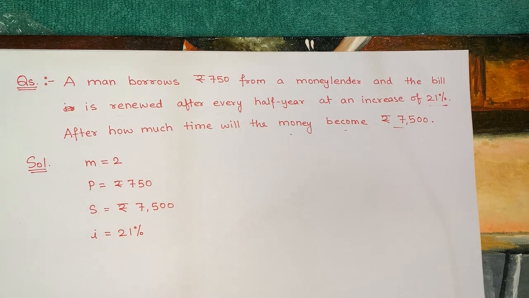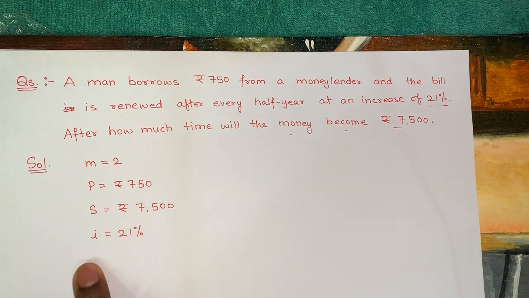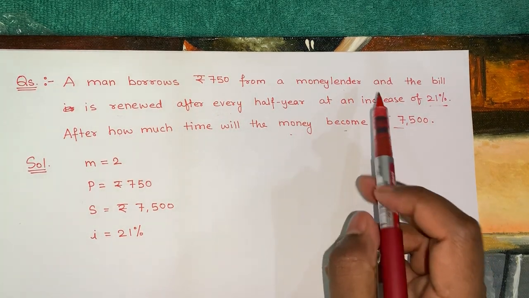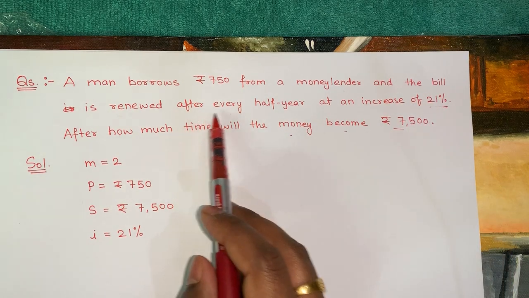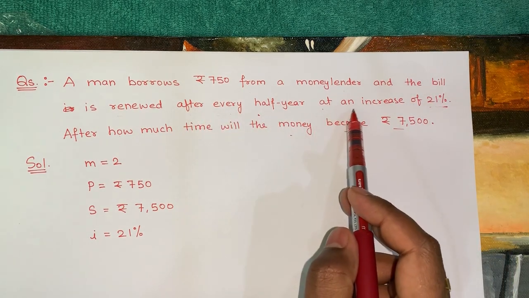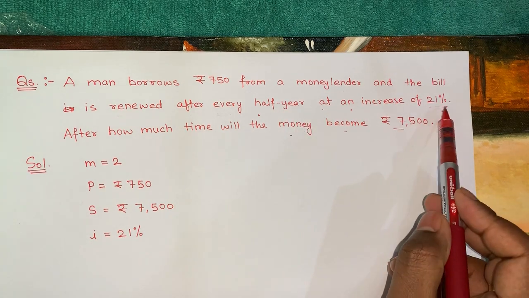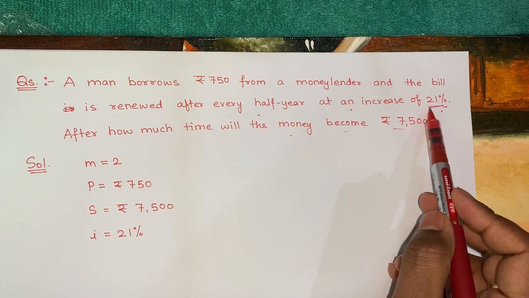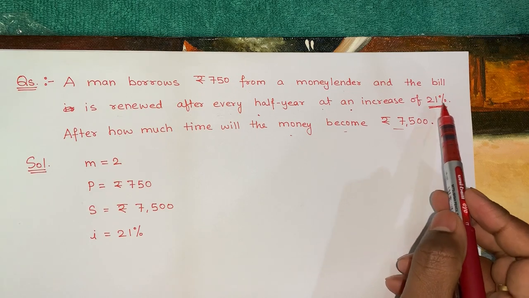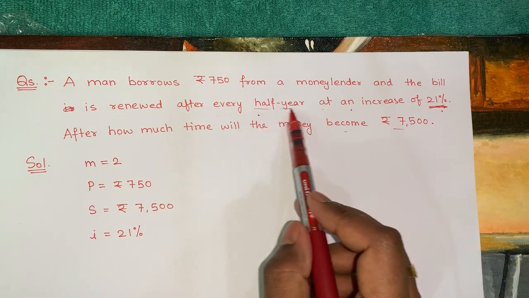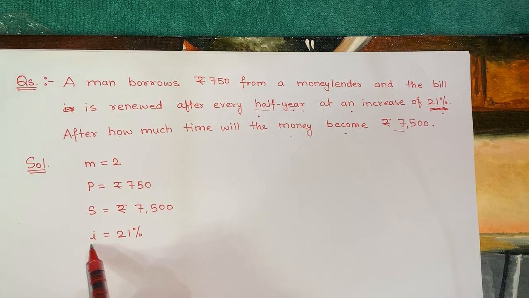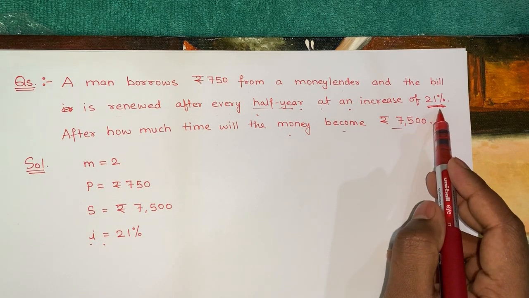Now most of the students would be having a doubt why R is not equal to 21%. Read the lines. The bill is renewed after every half year and it is done at an increase of 21%. This 21% is not the interest rate per annum. This 21% is the half year rate, which means that I is given to you, which is 21%.